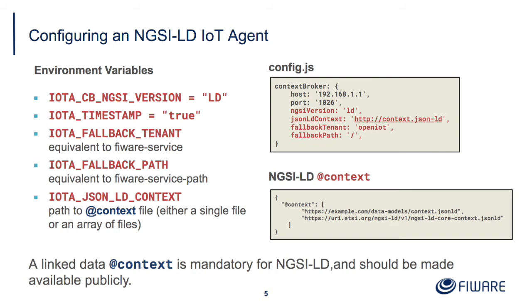Now, normally when you are configuring an IoT agent, it will either be in the config.js file or it's done by environment variables. Obviously, they are equivalent, but you can just set up a context broker, which is default NGSI v2, and add an NGSI version attribute into the config.js saying LD.